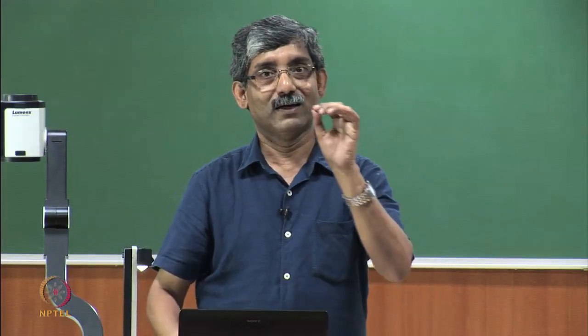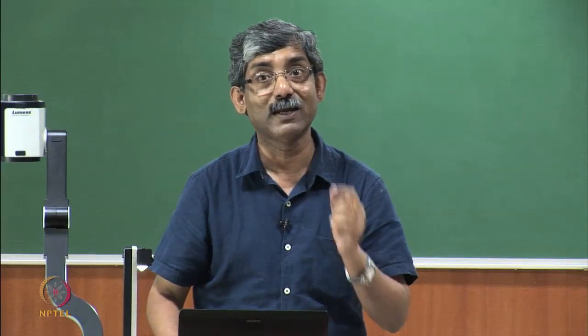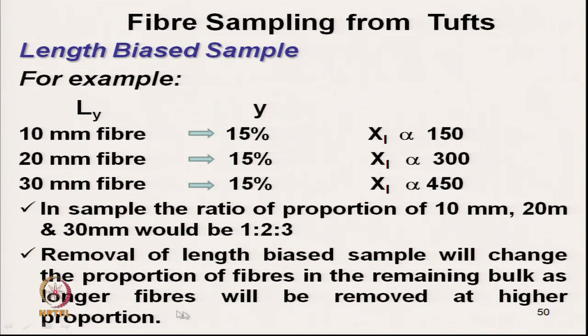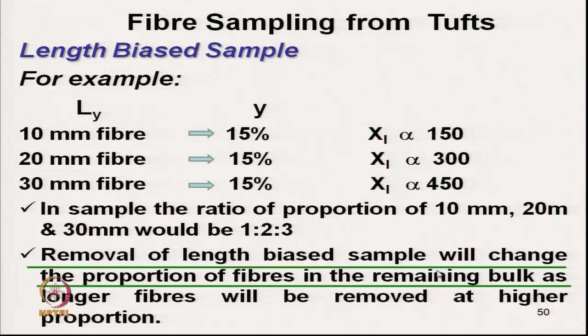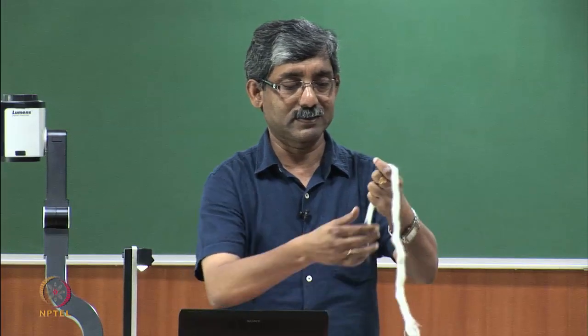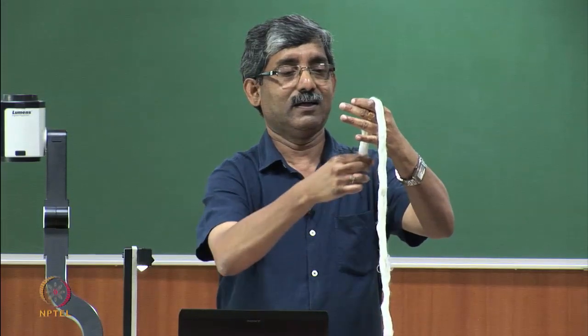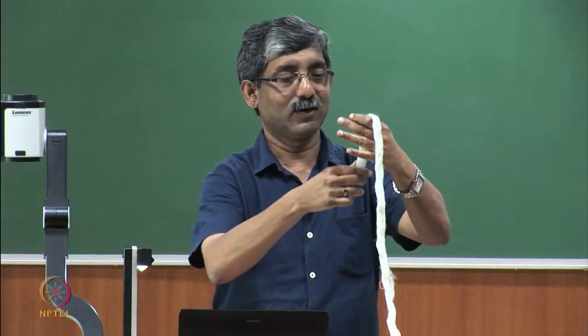Removal of a length bias sample will change the proportion of fiber in the remaining bulk, as the longer fiber will be removed at a higher proportion in the sample. So, this changes the characteristics of the bulk, but a numerical sample does not change the characteristics. Like I am taking a numerical sample from this sliver in this way, so bulk characteristics remain the same.